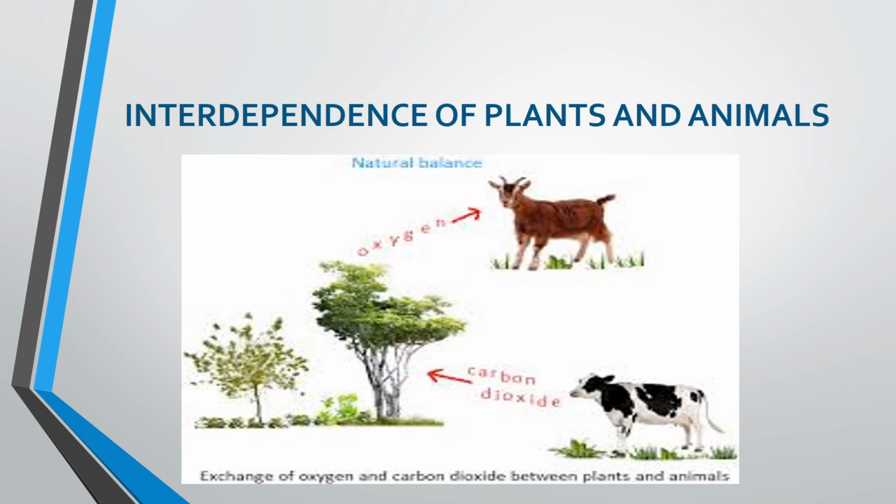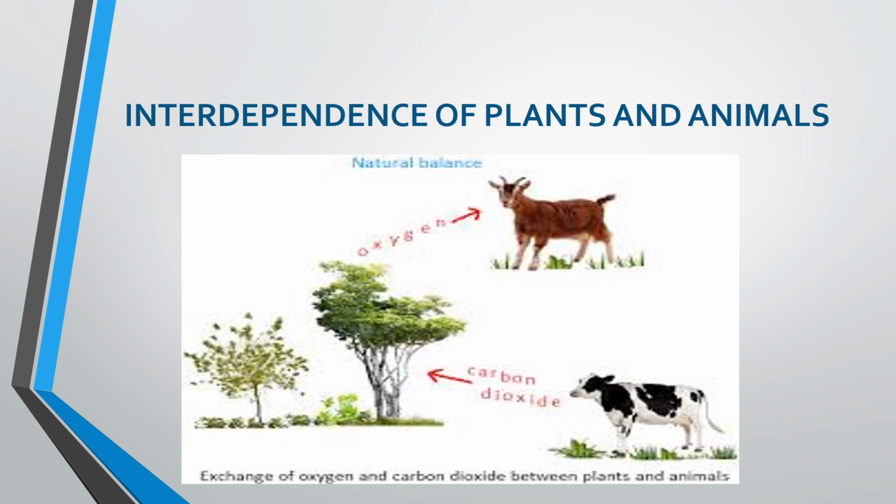Now we have known that we depend on the plant. Now how do plants depend on us? As the first thing, whatever waste comes out from our body mixes in the soil, and these materials become nutrients and mineral nutrients for the plants.